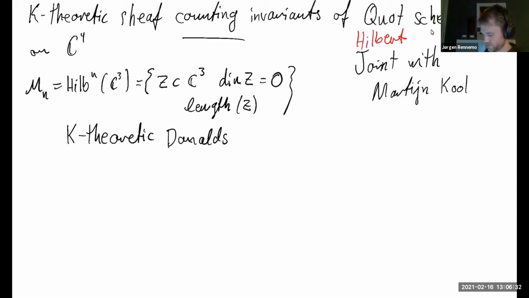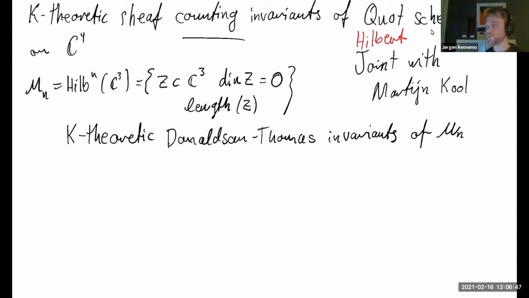So the reason I want to discuss this first is, one, as a matter of logic, the computation we do at a certain point reduces to exactly the same computation of these Donaldson-Thomas invariants for Hilbert C3. So, at least I should say what we know about these things.